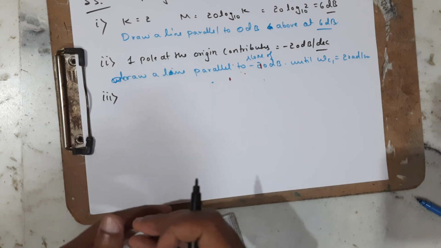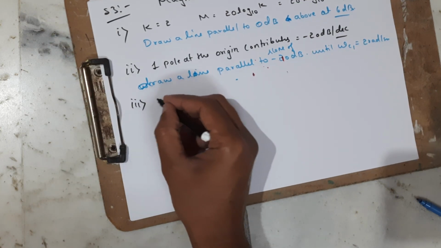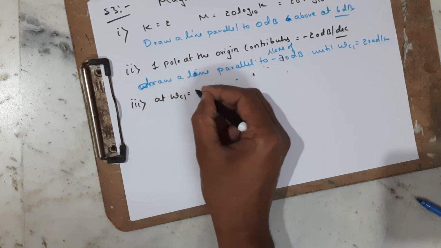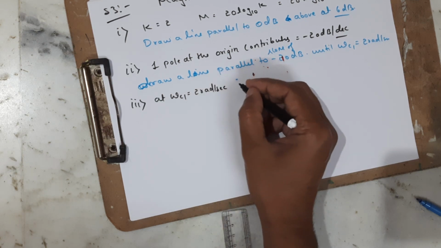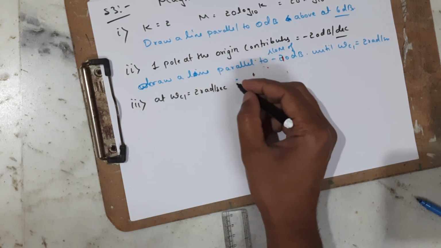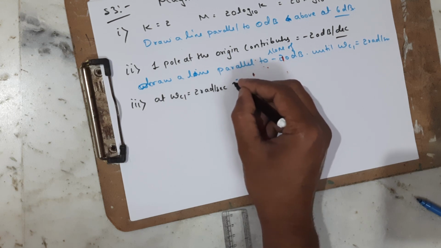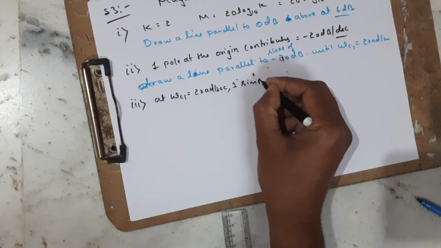Third step. At omega C1, that is 2 radians per second, we have one simple pole, right?